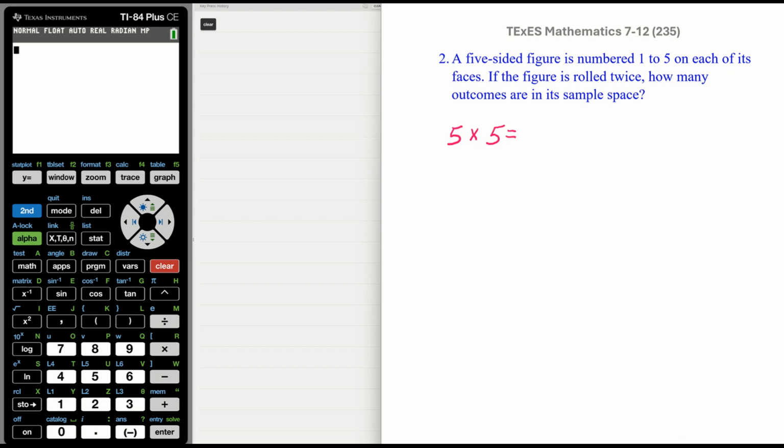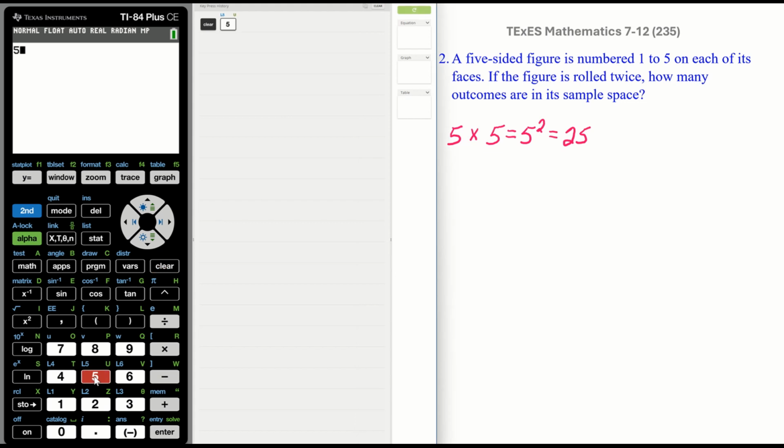But also notice that 5 squared is also 25. Okay, let's go to our calculator. The point of using the calculator for a simple problem like this is just to get used to it, the TI-84.